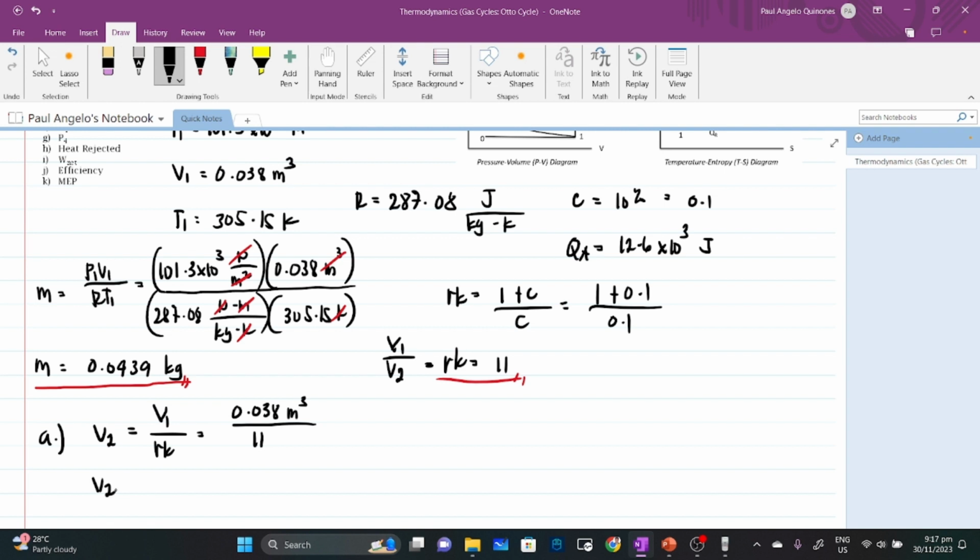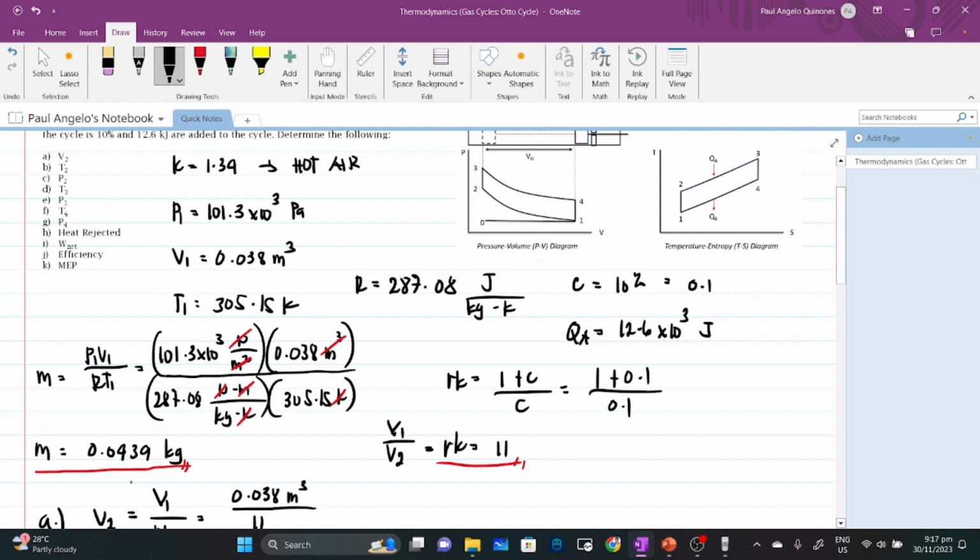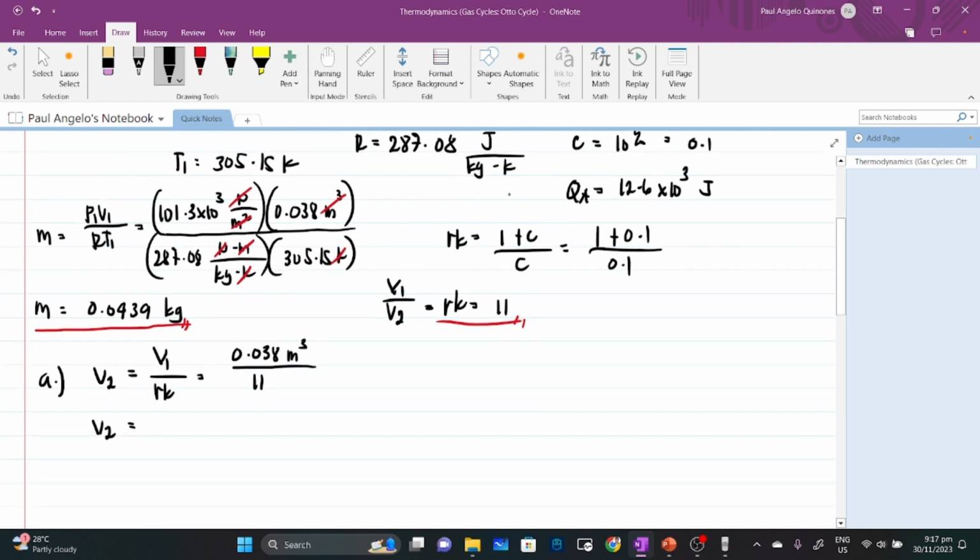Before we solve this one, I would like you to inspect your PV diagram. What are we going to expect with V sub 2? From V sub 1 to V sub 2, what happened to the volume? It drastically decreases, from a higher value to a lower value. So if you solve for a value that is greater than your V sub 1, you need to repeat the process.